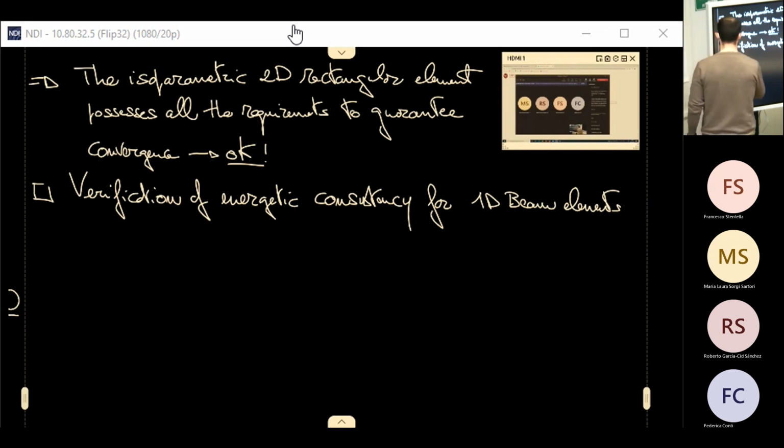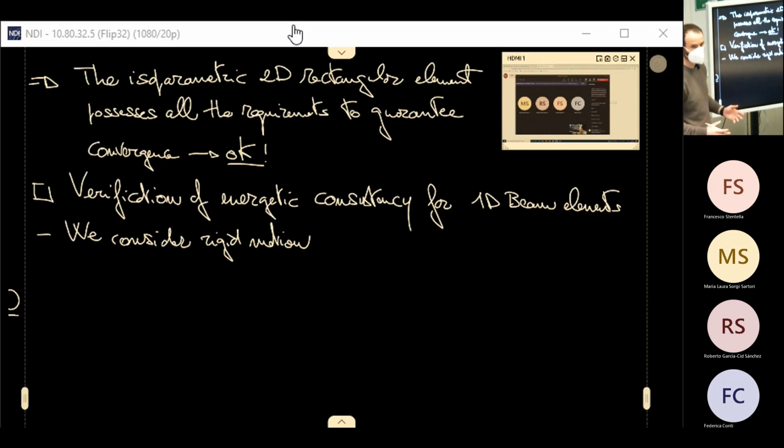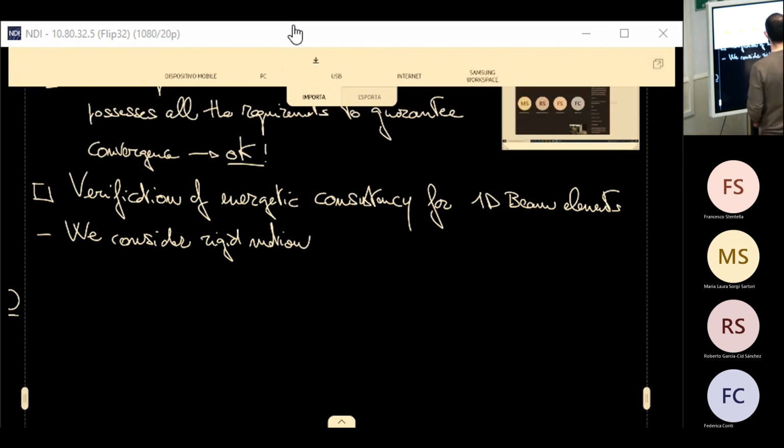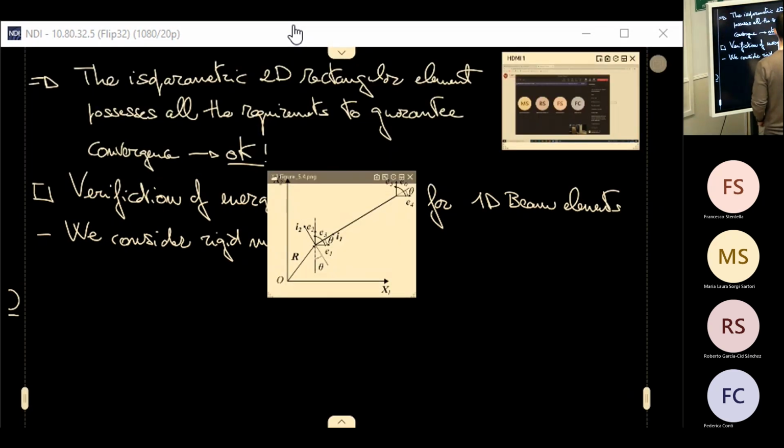So once again, what we do now is what we did already. We will consider again a rigid motion, in this case for the beam element.